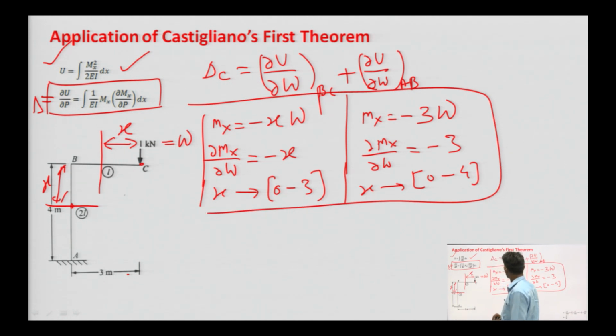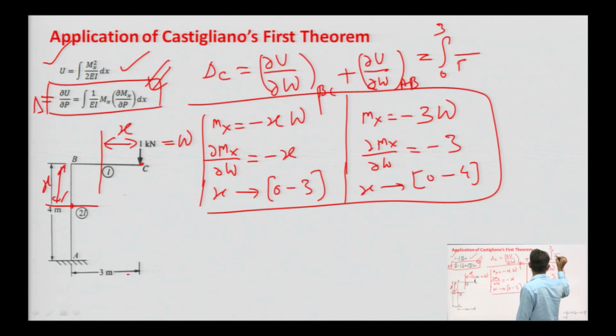If we know the value of m x, del m x by del w, then by using this expression we can have this value. So, it is equal to integration 0 to 3 of 1 upon E I, and m is minus x, so it will be w into x square dx, plus, this is for segment BC.